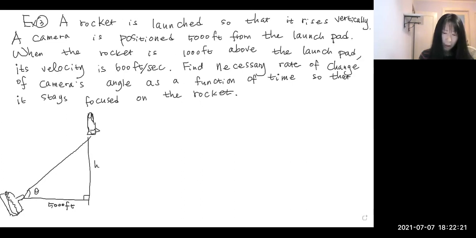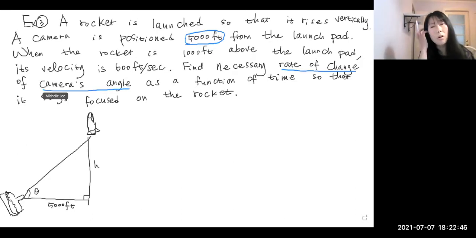So we are level, 5,000 feet from the launch pad. Okay. Now, what's the goal? We're going to read the last sentence, right? So find the necessary rate of change of the camera's angle. So the rate of change of the camera's angle, right?